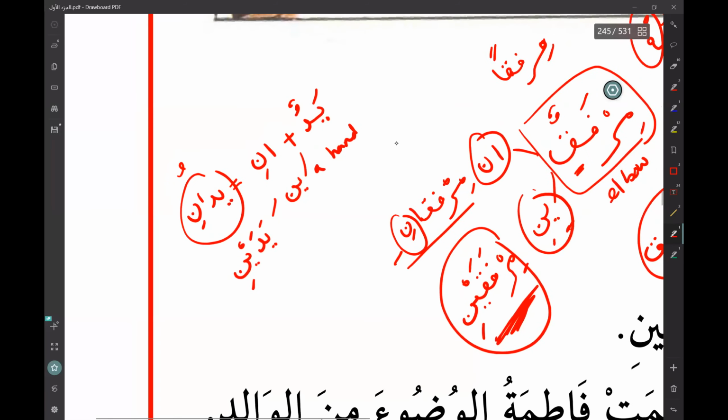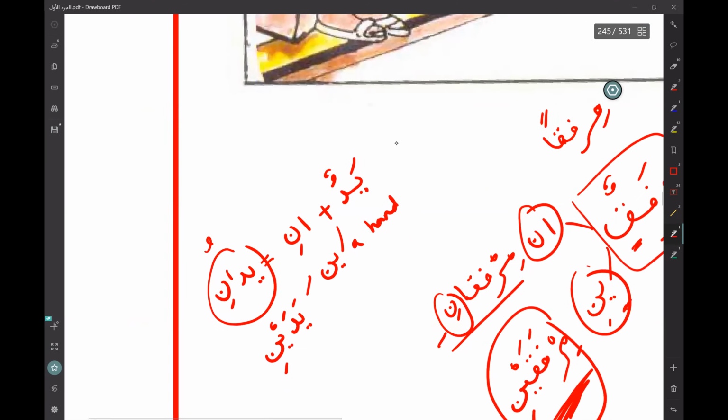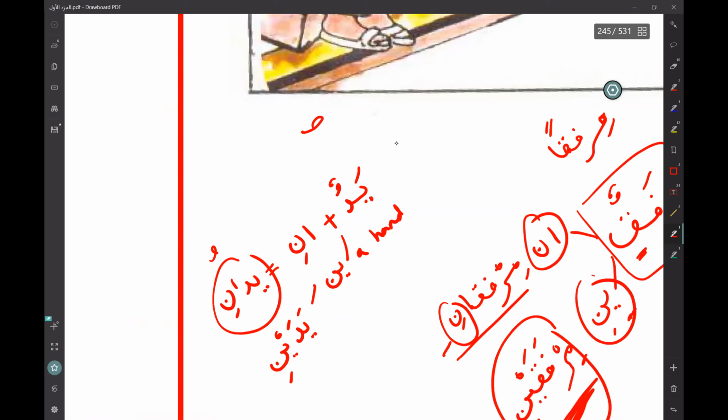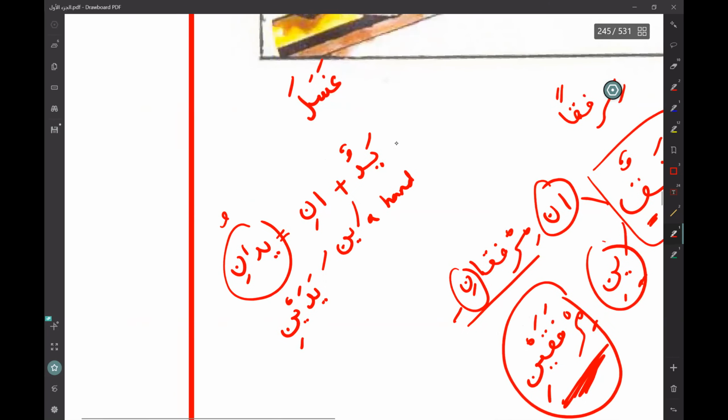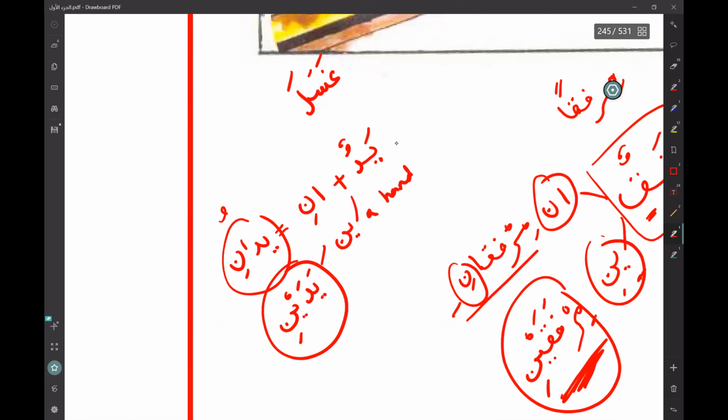So now you want to say two hands. I washed. You want to say ghasala. Ghasala, he washed his two hands. Now, we have two options. First of all, let's just say which one you're going to put. He washed two hands.